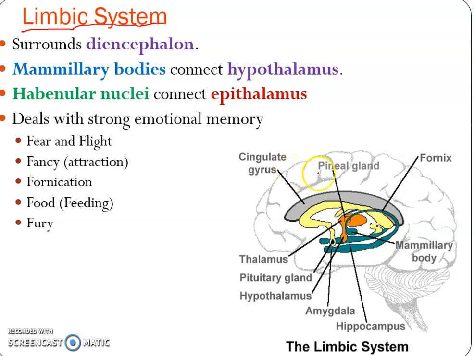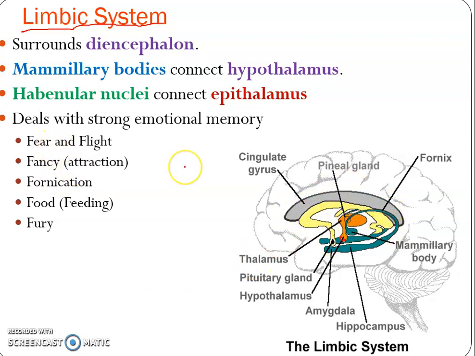So the limbic system. We have our mammillary body right here. We have our habenular nucleus back here. And they're connected to this system. It used to be called the reptilian complex because some guy thought it looked like a reptile's brain. So it's all these structures that are surrounding the diencephalon.